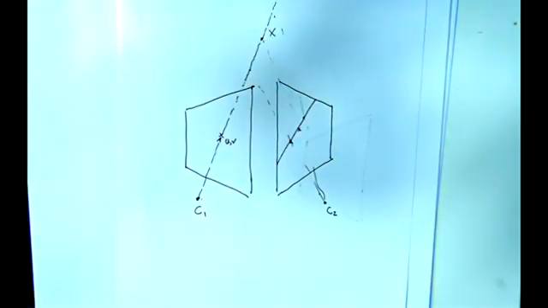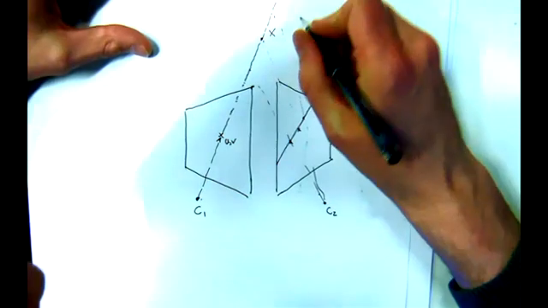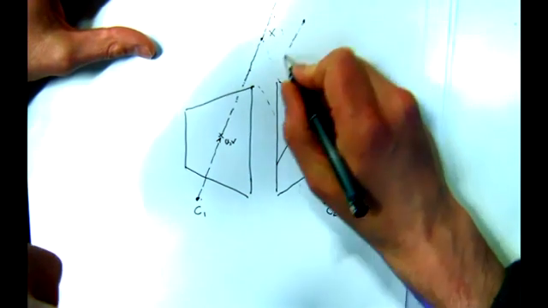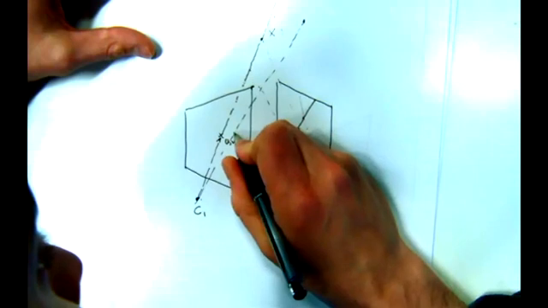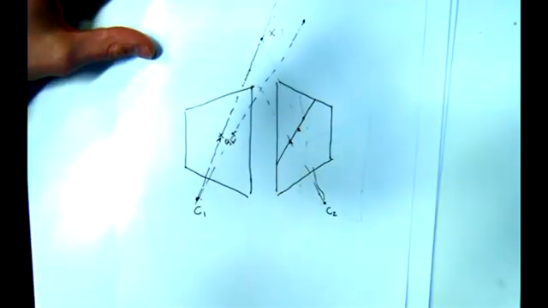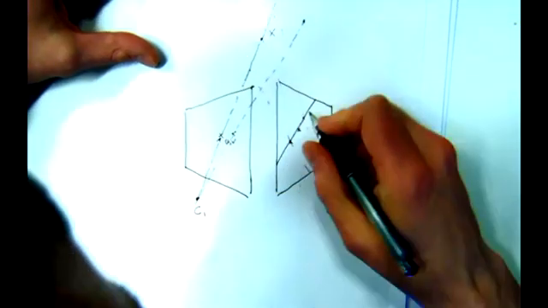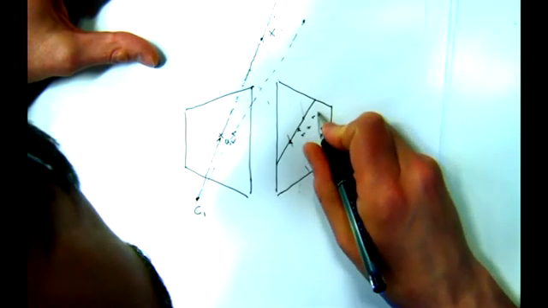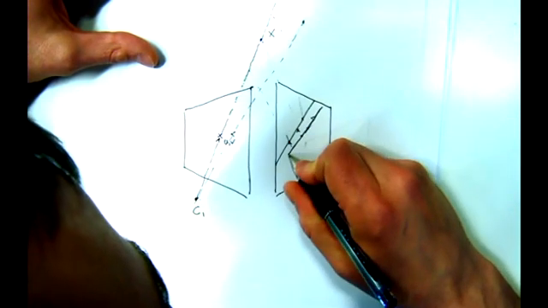If I had a different point, it would project to a different position in the first image, and again all the places where that could project in the second image will also be along some line.